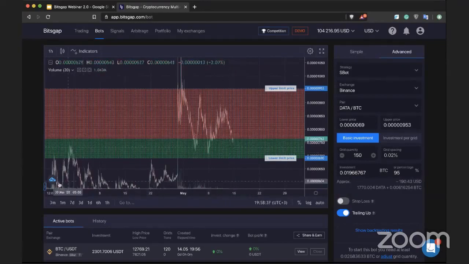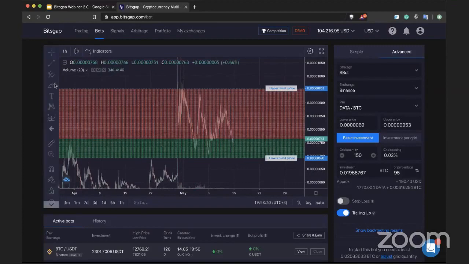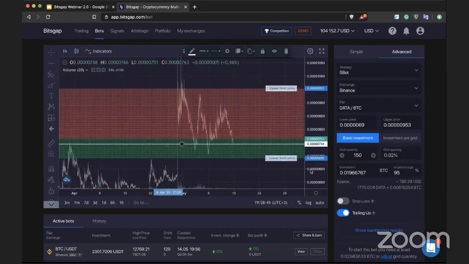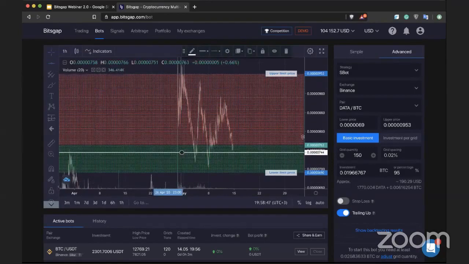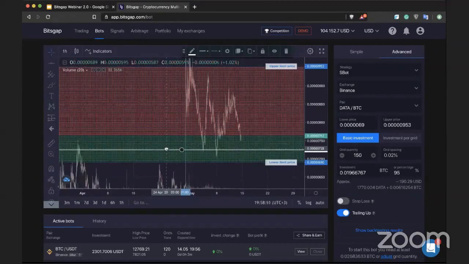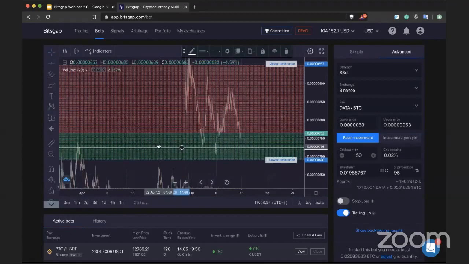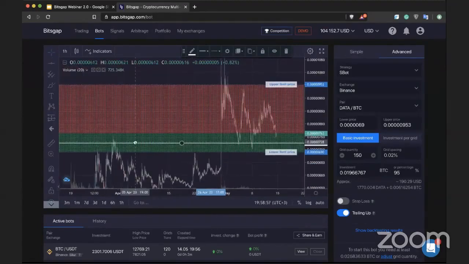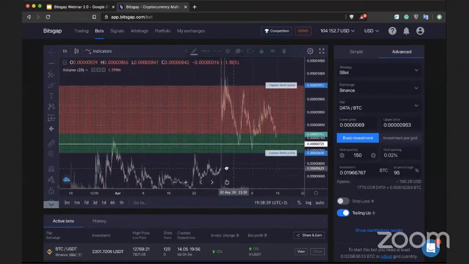So it doesn't mean that it will bounce off the support level precisely. So I take this into account. All right. Actually, it's not exactly this level. It's basically the support zone. So it might drop even further.